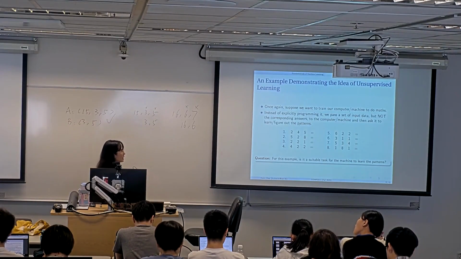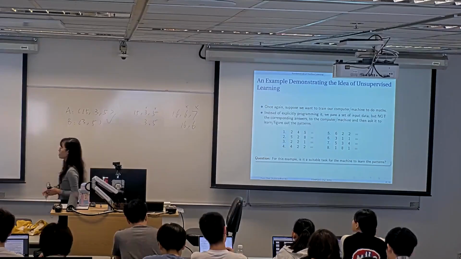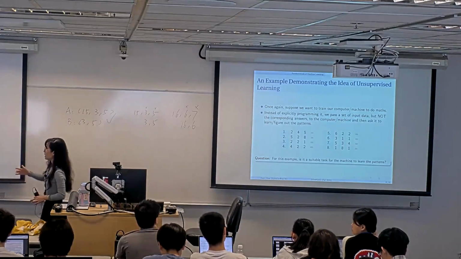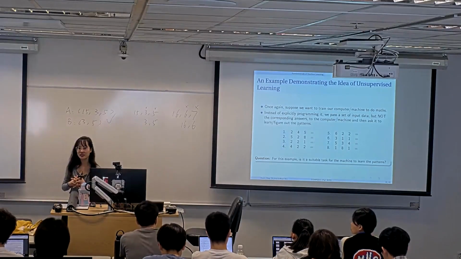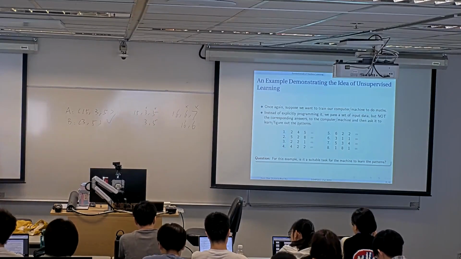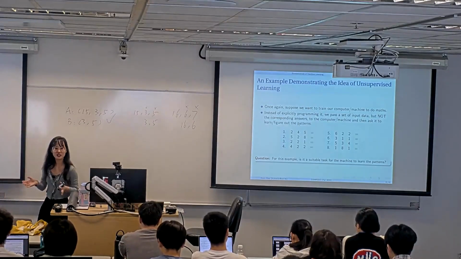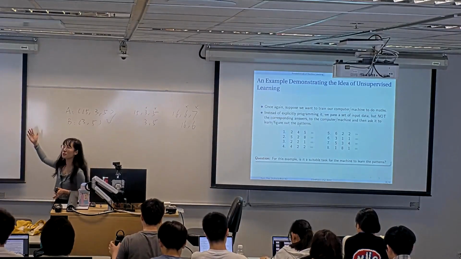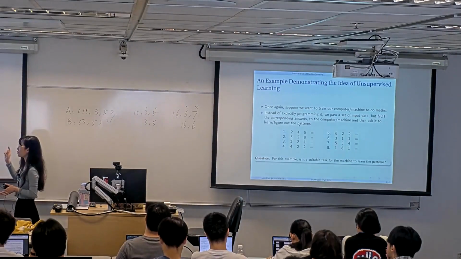But you may think about this question: for this example, is it a suitable task for the machine to learn the patterns? No, definitely not. You give the machine these 8 data points, and basically the machine knows nothing. The machine does not know you want it to do some math, right? It will never figure out how to do the math operations.